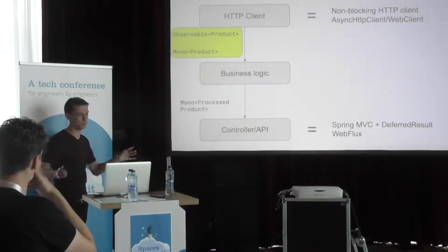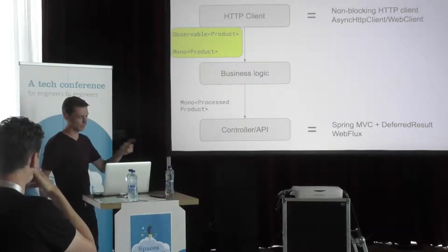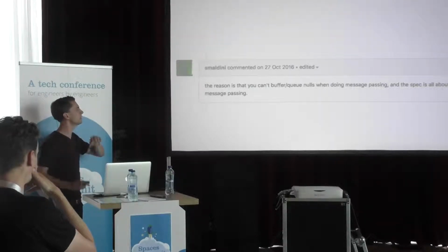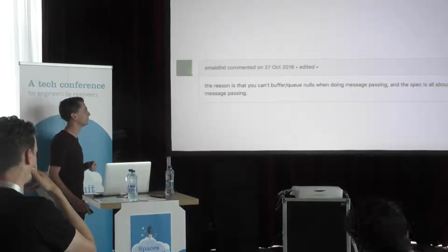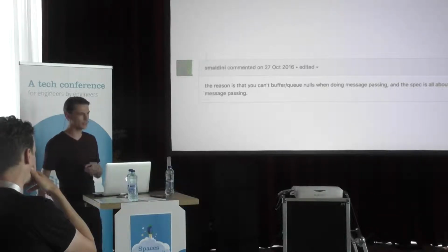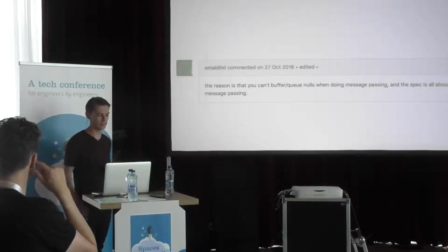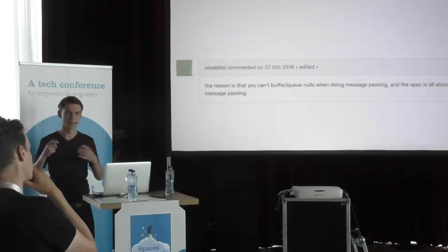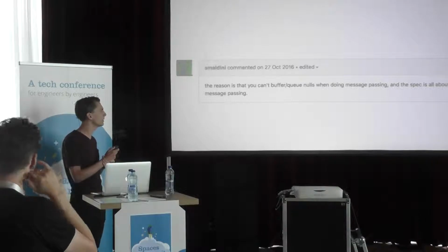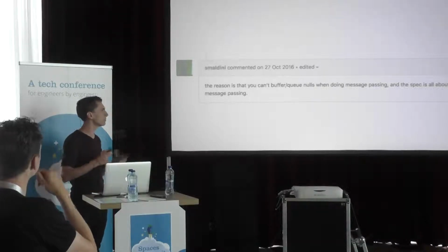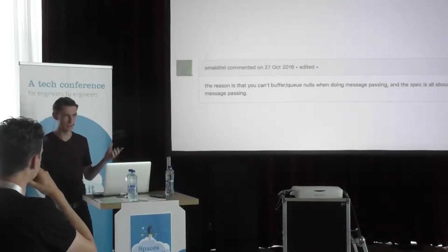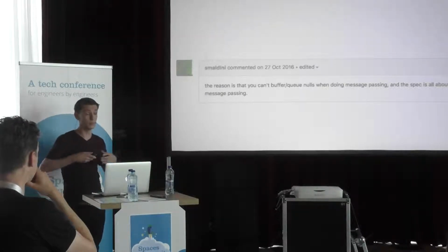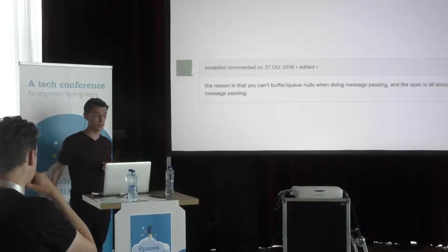So it's working now, right? Well, there's still one more bit. For some reason, and they give this reason on GitHub, you cannot use nulls in your reactive types. And this is very annoying, especially if you're familiar with Kotlin, that has really nice null safety. You cannot use nulls in your stream. So we need to fix this somehow, because we want to indicate when we do an HTTP call that, for example, a product might not be there.